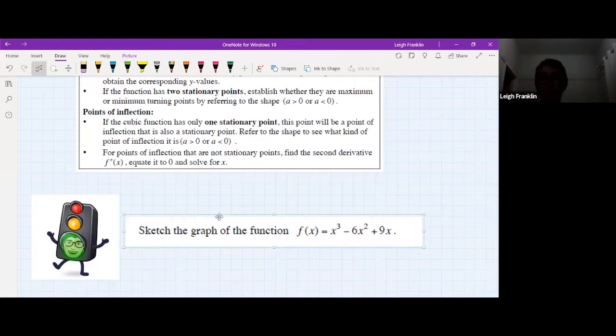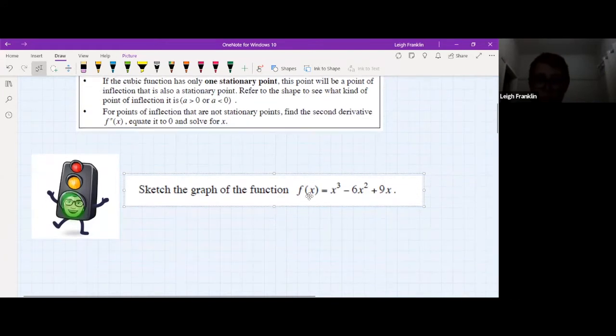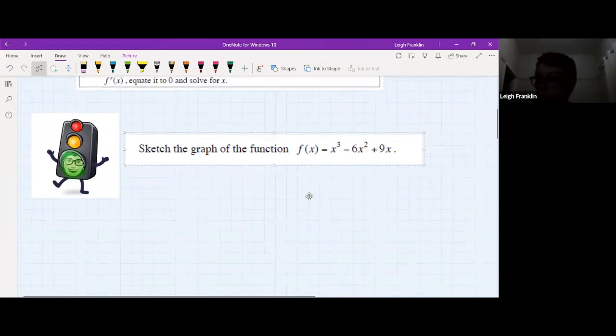If they give us the graph of f of x equals x cubed minus 6x squared plus 9x, they're actually being quite nice to us, because we don't have to use the factor theorem to determine one of the factors of this cubic, because we can factorize out x as our highest common factor. So let's do the x-intercepts first.